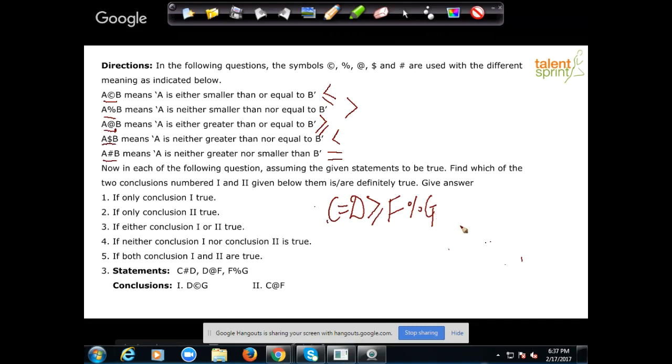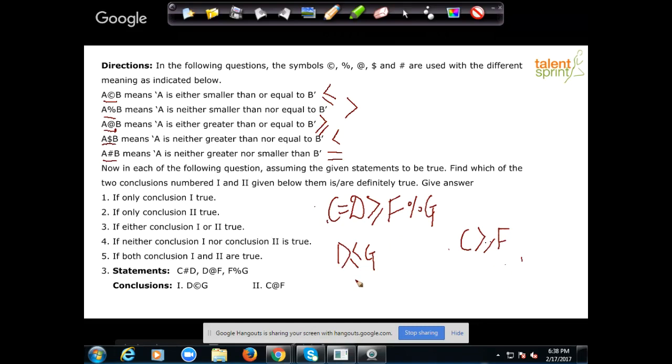The first conclusion is D copyright G, which means that D is less than equal to G. And the second conclusion is C at the rate F, which means that C is greater than equal to F.